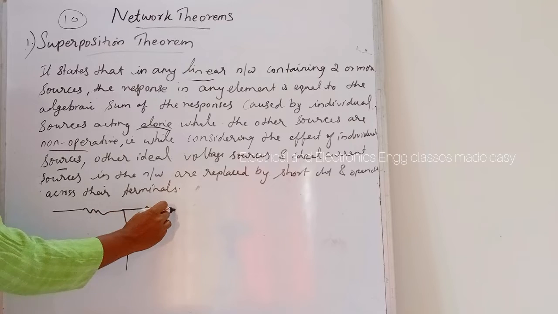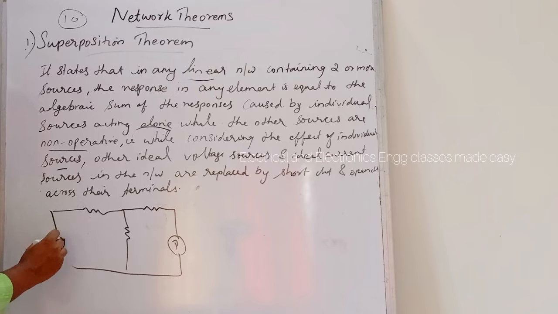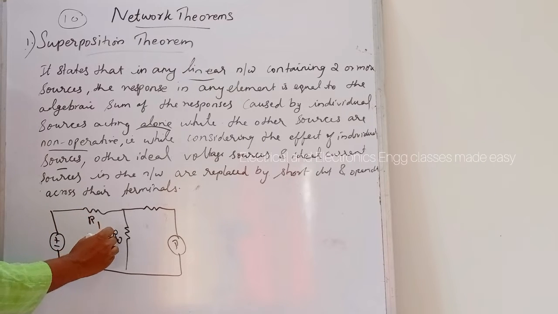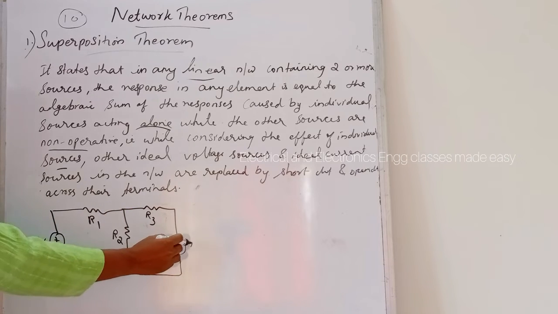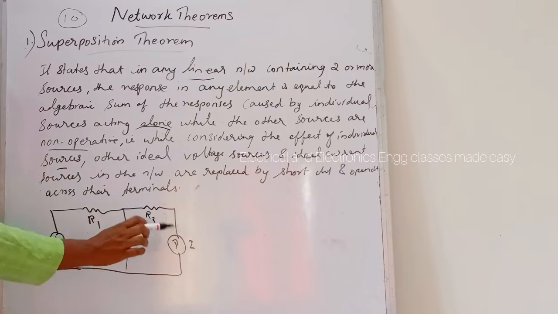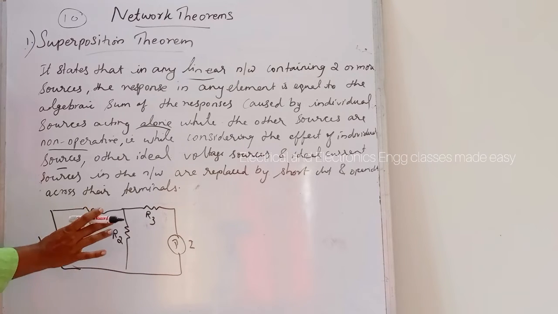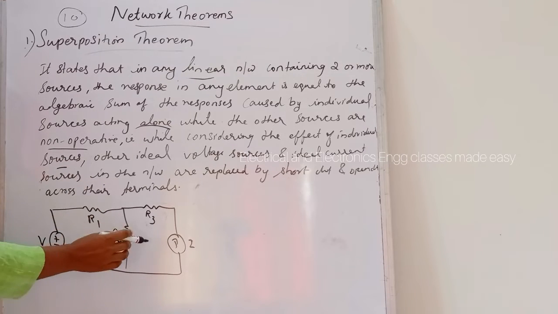So, consider a network like this. Let R1, R2 and R3 be the resistors, and V and I be the voltage and current sources. So, here this network contains two sources.